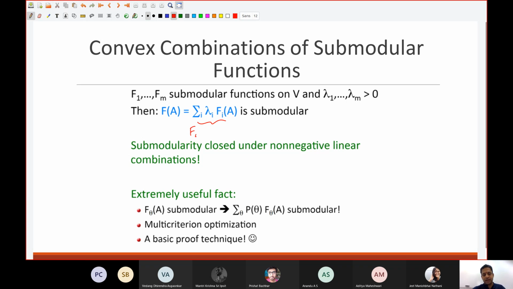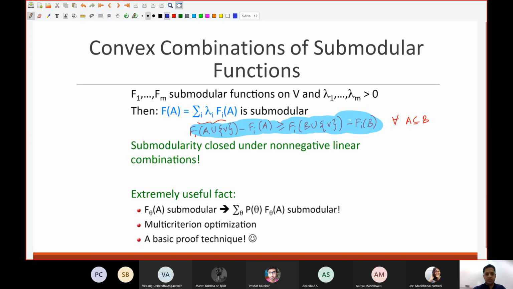So if I have f_i of A union b minus f_i of A greater than or equal to f_i of B union b minus f_i of B for all A subset of B, all I need to do is multiply this entire expression with the lambda.